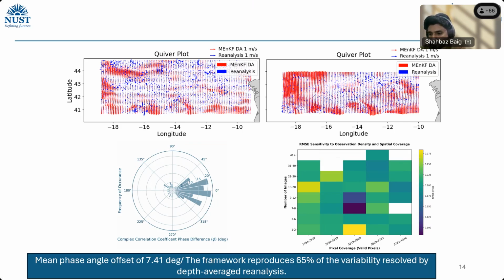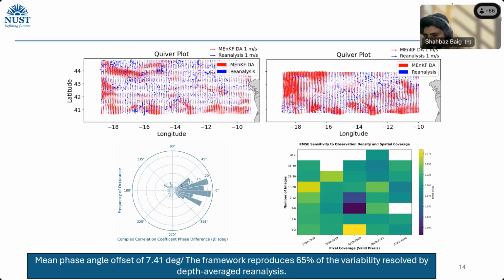We see how the number of images or number of iterations play their role to improve the analysis RMSE, as well as how the spatially estimated currents also play their role, so that we can build some settings on what level of images should be considered to run the assimilation in future. So here you can see the best results.